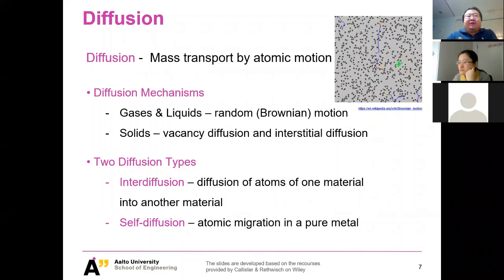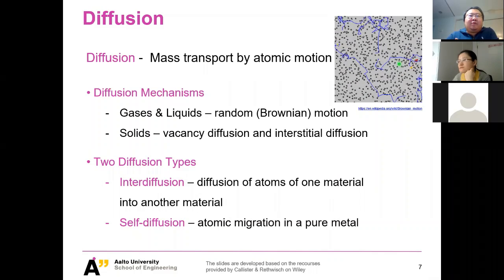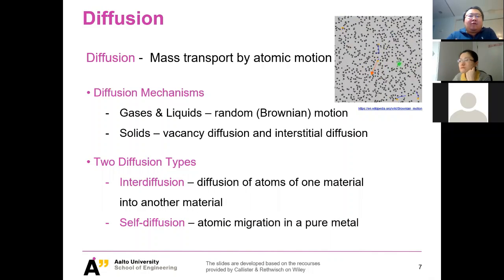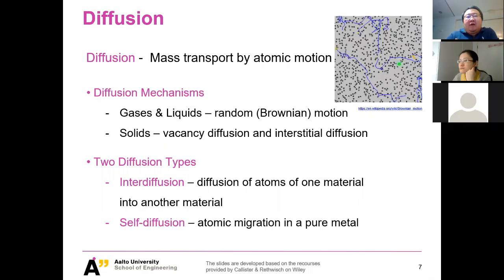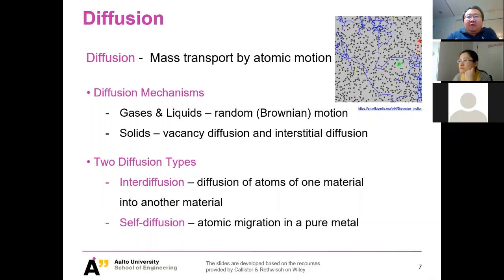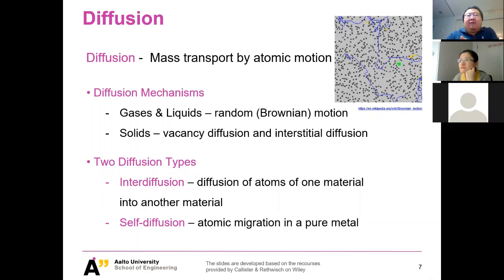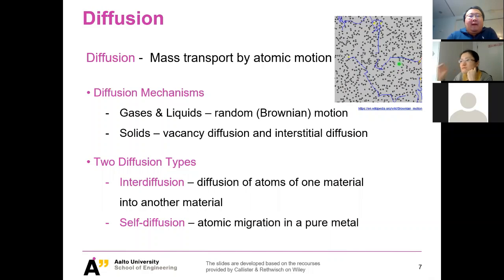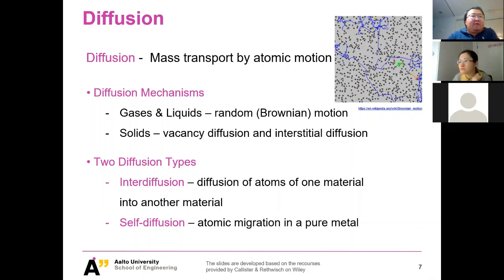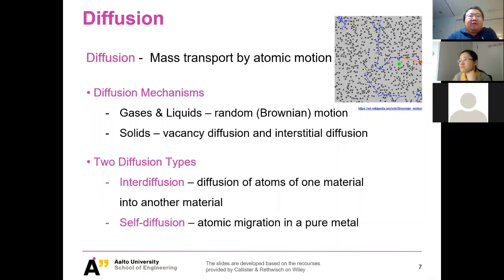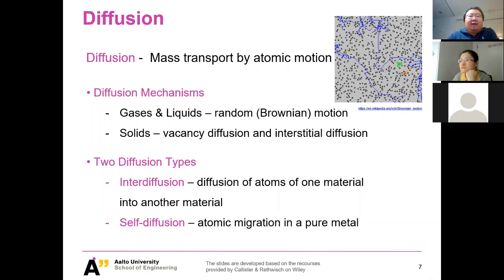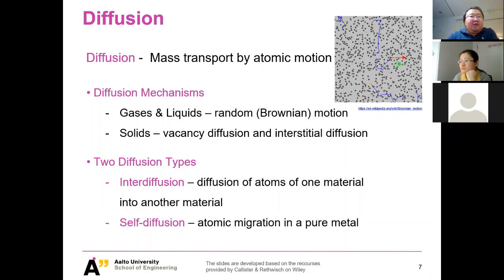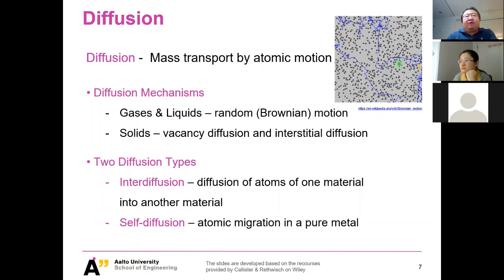And two mechanisms are distinguished: one for gas and liquids, and the second one for solids. For gas and liquids, I think you know that it is the famous Brownian motion. And for solids, I think most of you are probably not so familiar. For solids, the diffusion is achieved by vacancy diffusion or interstitial diffusion.